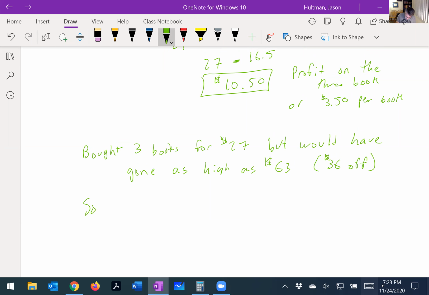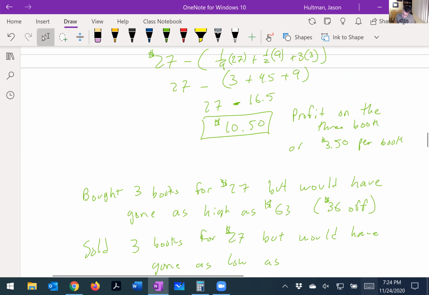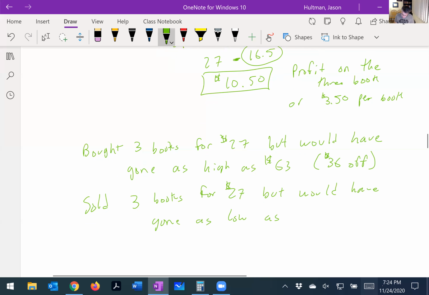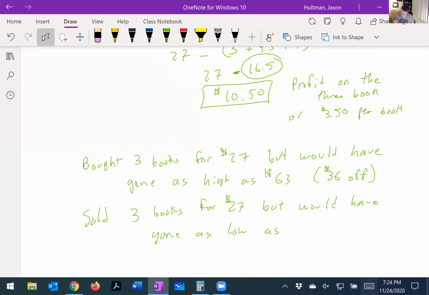We were sold 3 books for $27, but would have gone as low as what? What's the price that we would have gone as low as? This amount, $16.50, for all of the books.